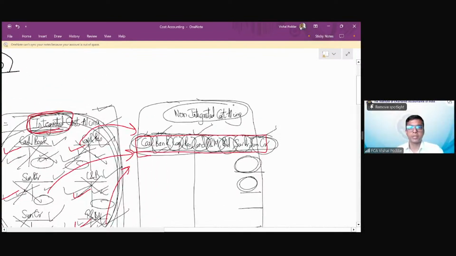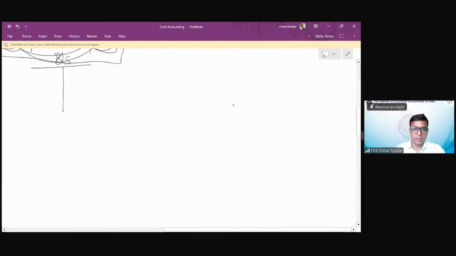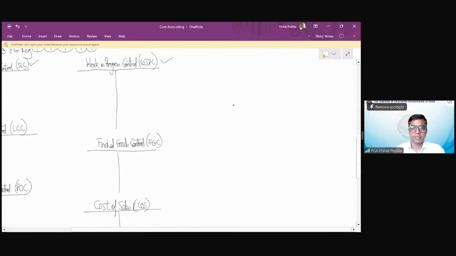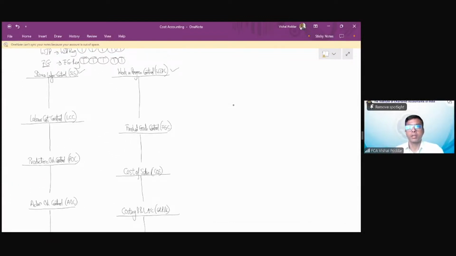One single account representing all assets and liabilities. Now, as Silesh was asking, is there a name? Yes, there is a name. The name is Cost Ledger Control Account, CLC. Sometimes they also call it the General Ledger Adjustment Account, GLA. Whatever name you like out of the two, you can use that name.